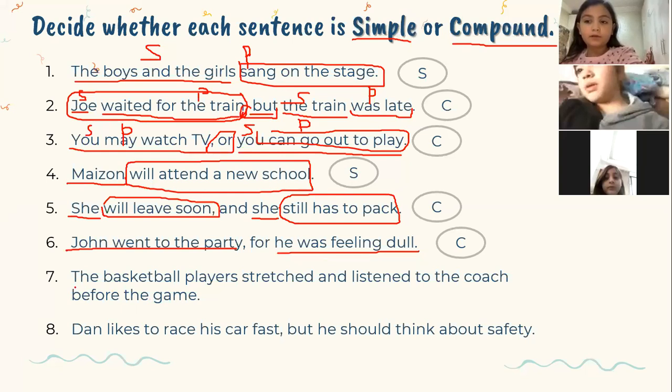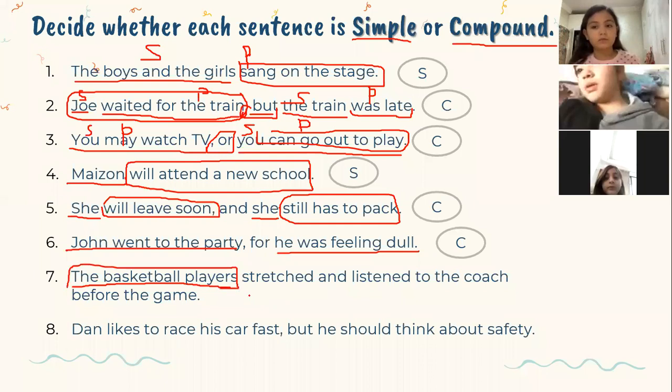Excellent. You know why it is simple? How many subjects do we have? Because there's only one subject. Excellent. Thank you, Jude. We have only one subject, the basketball players, one complete subject.